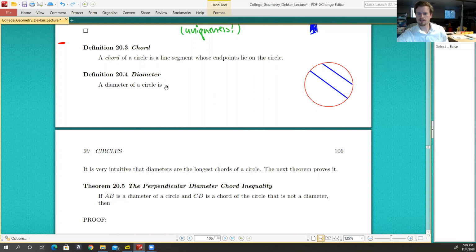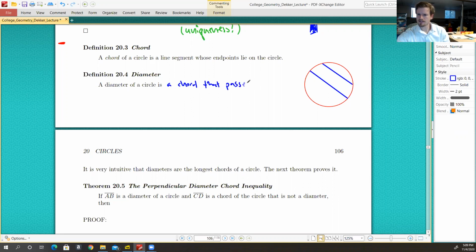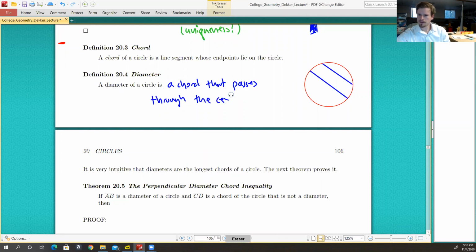So a diameter of a circle is a chord that passes through the center of the circle.